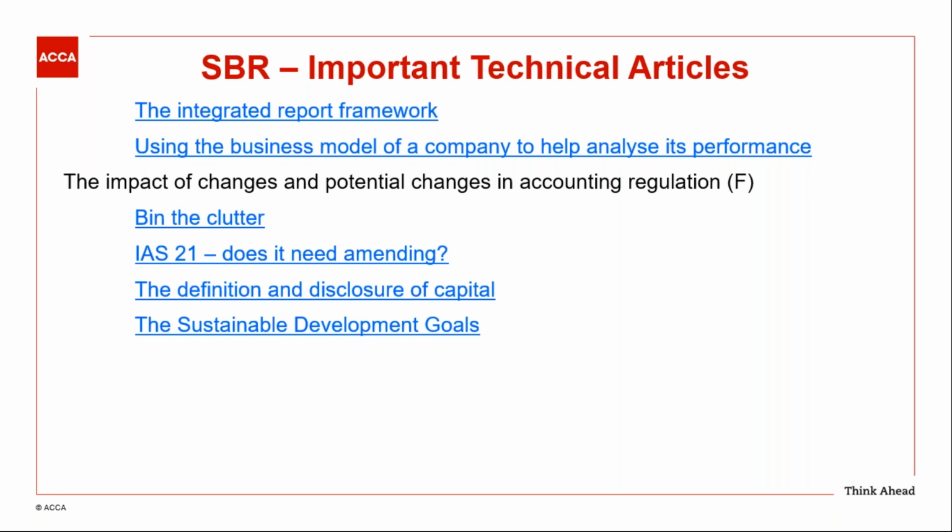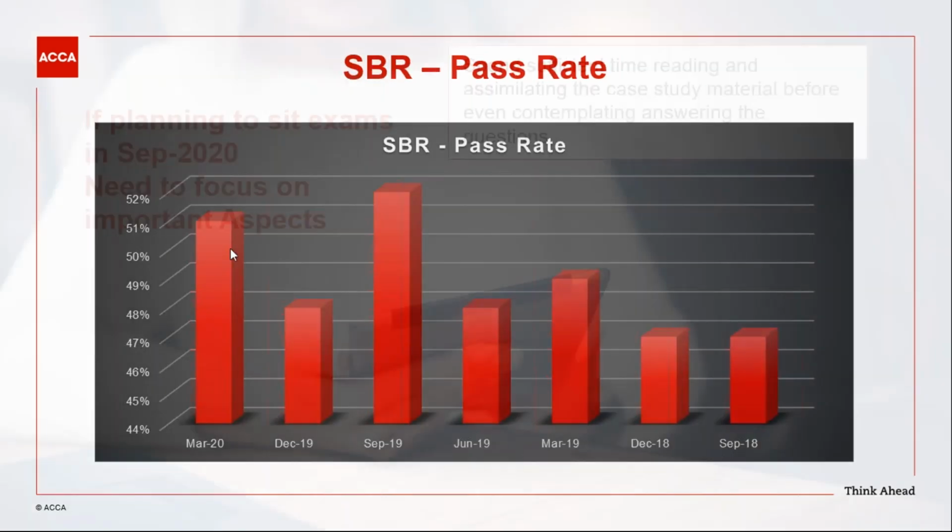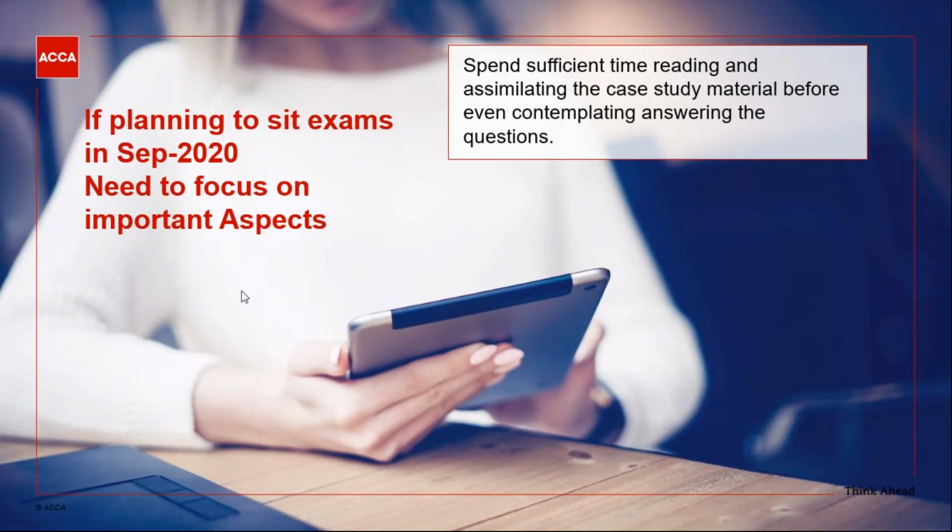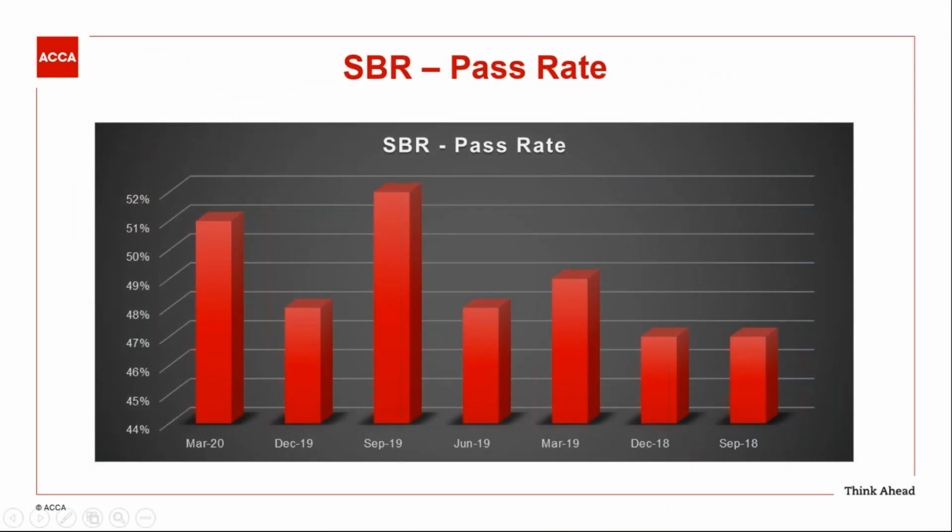Next, there are a few of the pass rates. In September 2019, the highest pass rate was available for the individuals. Unfortunately, I think the percentage was removed from here, but it was more or less 51.8%, close to 52%, of individuals who passed in September 2019.